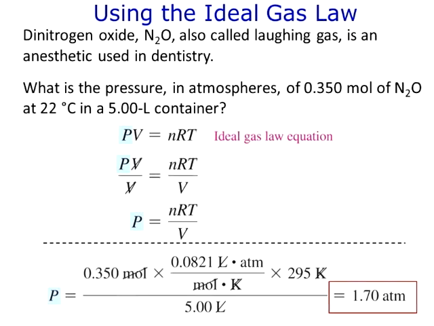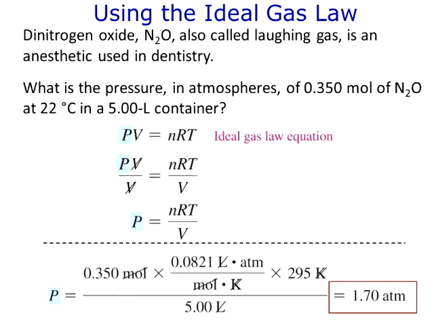How about another problem? Dinitrogen oxide, laughing gas, is used by the dentist. What is the pressure in atmospheres if 0.35 moles of laughing gas at 22 degrees C is in a 5-liter container?